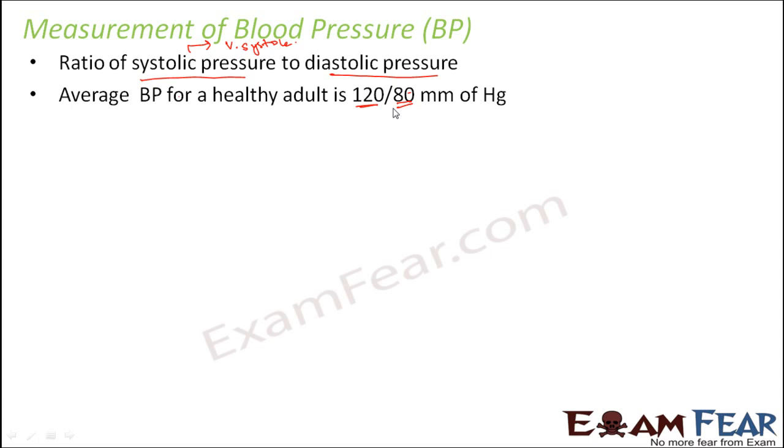As I said, after the blood has gone out, the ventricles tend to relax. As a result, the pressure inside the ventricles tends to reduce. So that is the diastolic pressure. So this is the normal pressure, 120 by 80. Age also matters for some people. If their age is more, sometimes the normal pressure might be a little more than this.